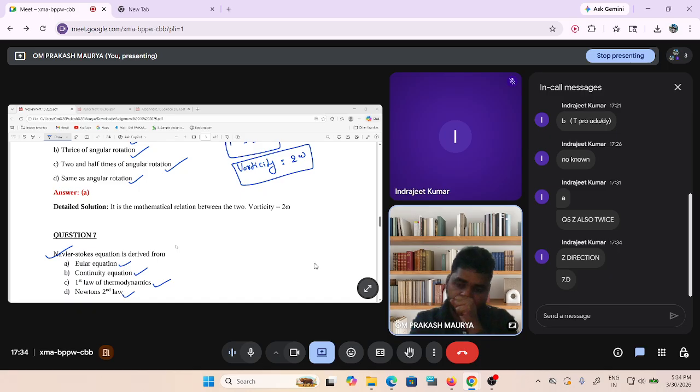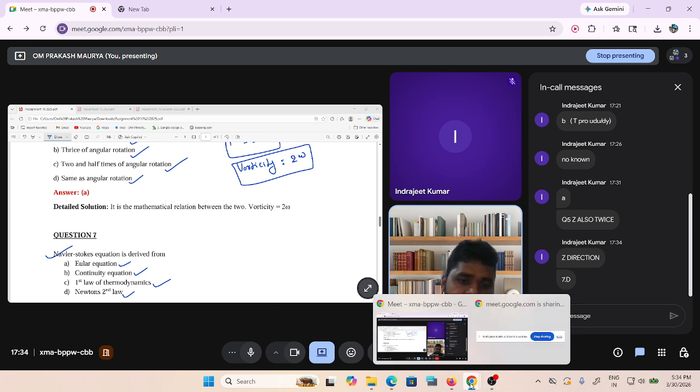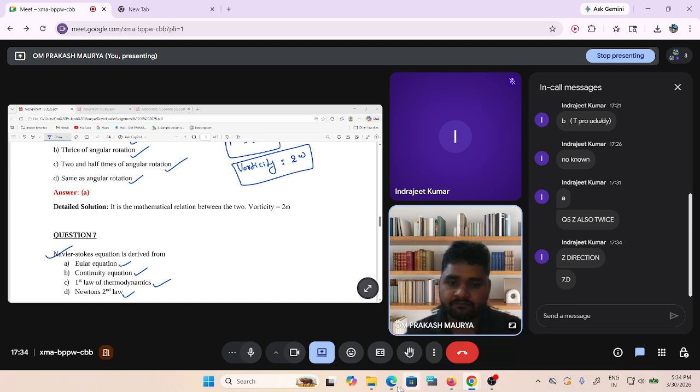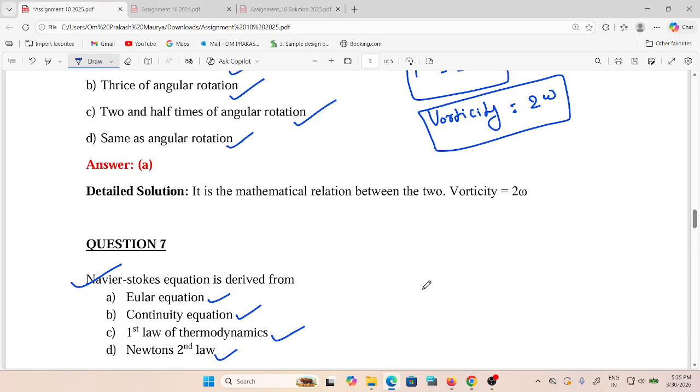Now please just try to think about question number 7. Very fundamental question. Okay, you are telling for question number 7, option D, that is Newton's second law. Yes, for the Navier-Stokes equation, you need to write your equation based on Newton's second law.